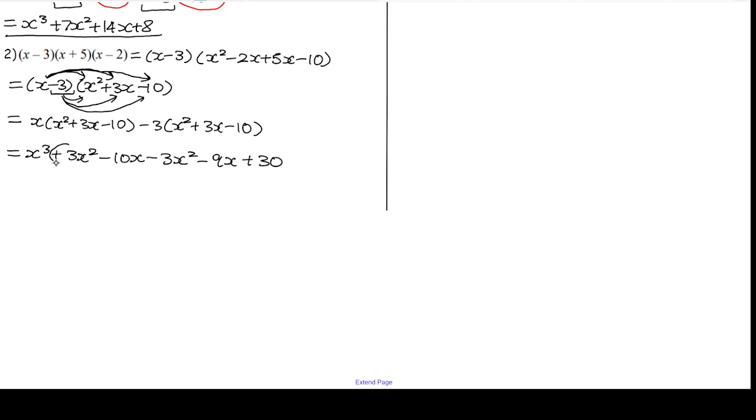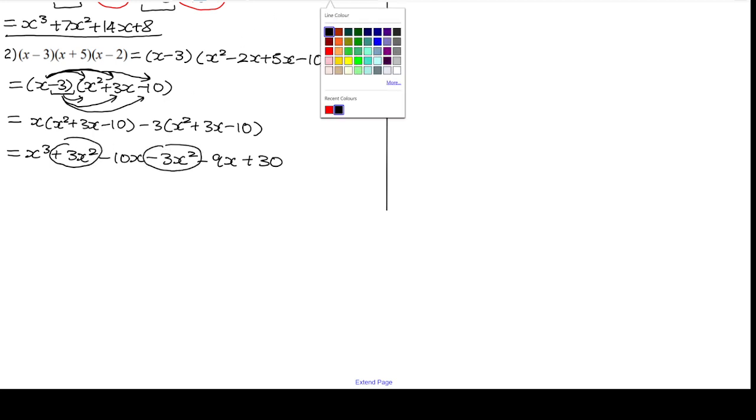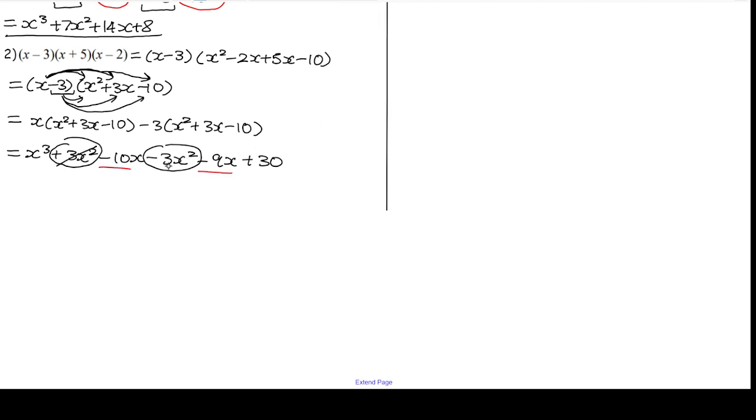Yes, we do. We've got a plus 3x squared and a minus 3x squared. And we also have a minus 10x and a minus 9x. 3x squared minus 3x squared cancels, so we're left with x cubed minus 10x minus 9x. That will simplify to minus 19x plus 30. So we do not have an x squared term because it has cancelled out.